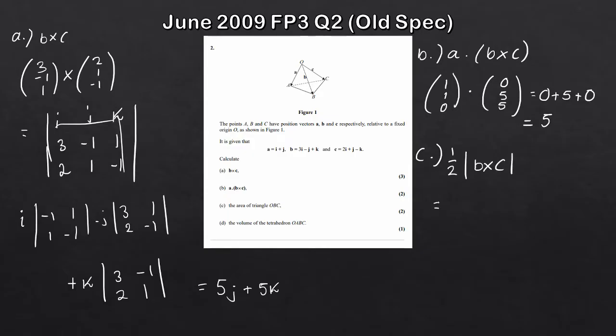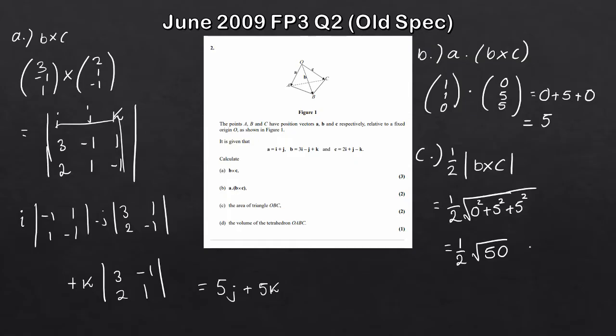Okay. So using Pythagoras again, it's going to be a half times the square root of 0 squared plus 5 squared plus 5 squared. Well, 5 squared is 25, and we've got two lots of them. So that'll be root 50, so it's a half root 50.